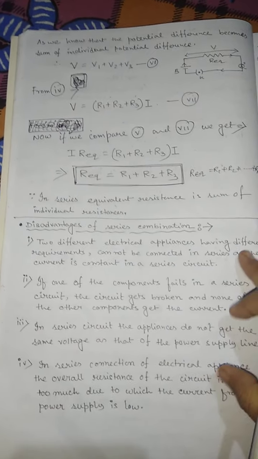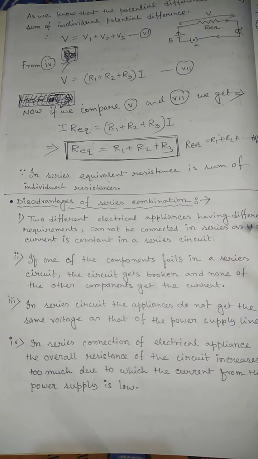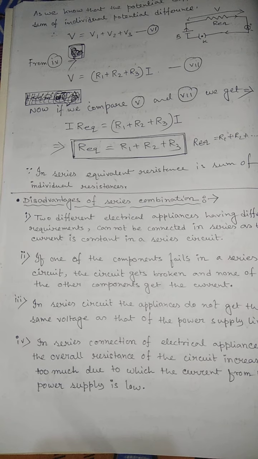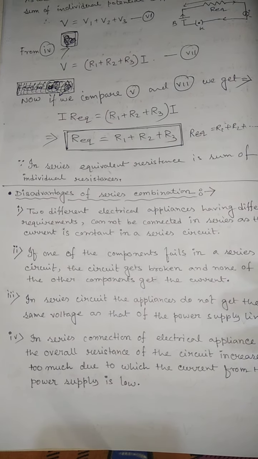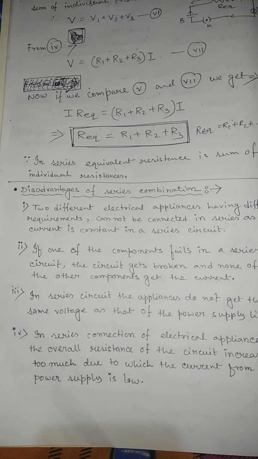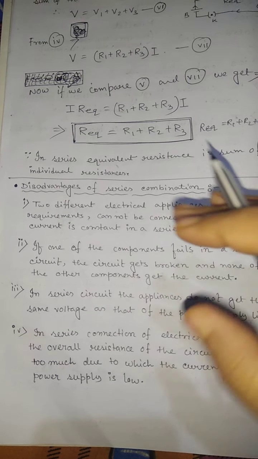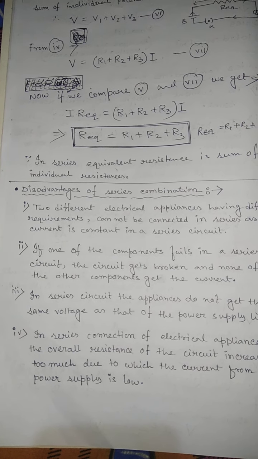Now in series combination, some disadvantages are also there. One disadvantage: all electrical appliances are connected with one switch. So if we switch off in any condition, then all electrical appliances get switched off.